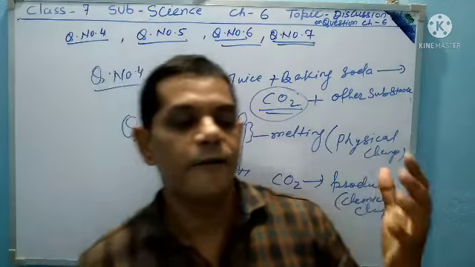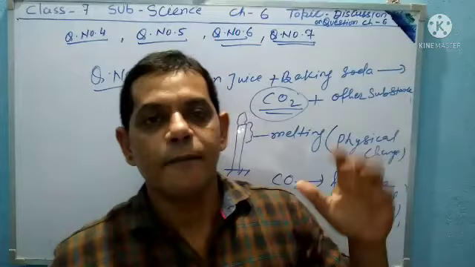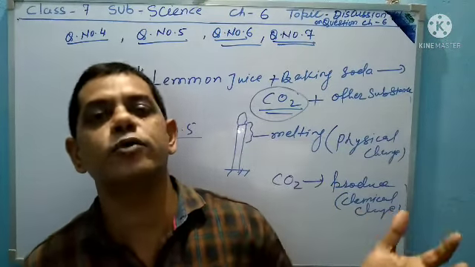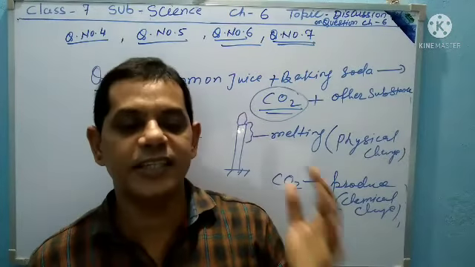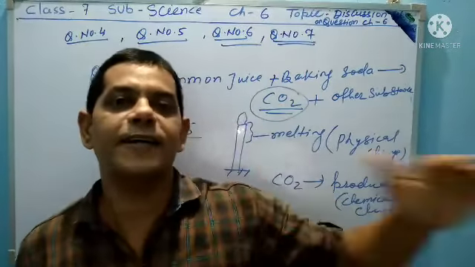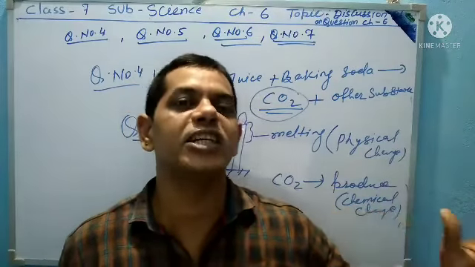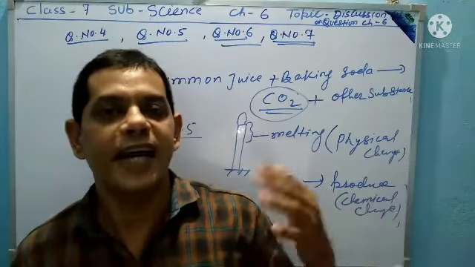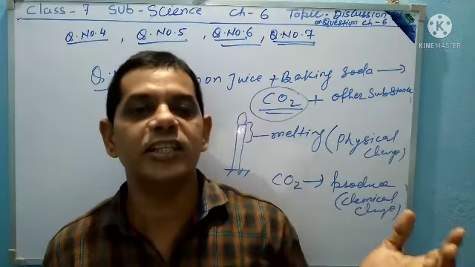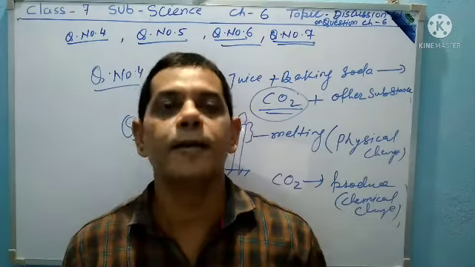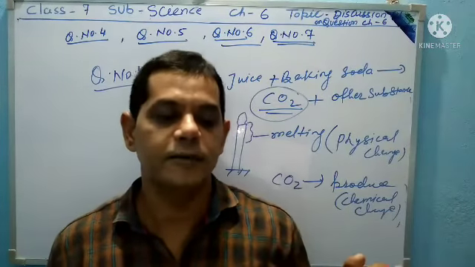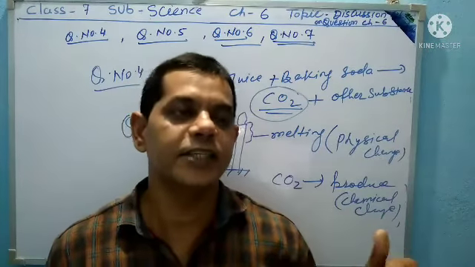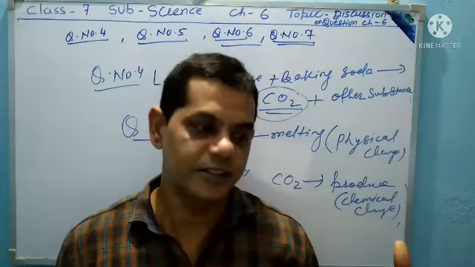As in question number 5, when a wax candle is burned, its shape is reduced, so that is a physical change. Here also, wood is cut down into small pieces, which is a physical change, and then burning that wood is a chemical change.